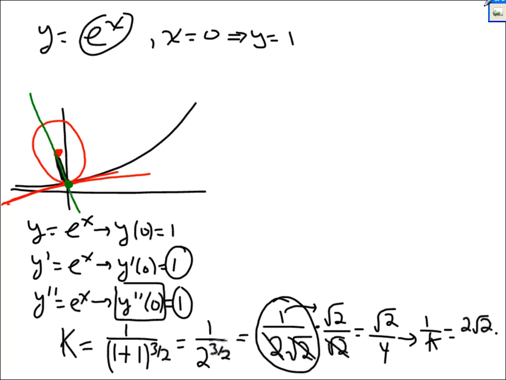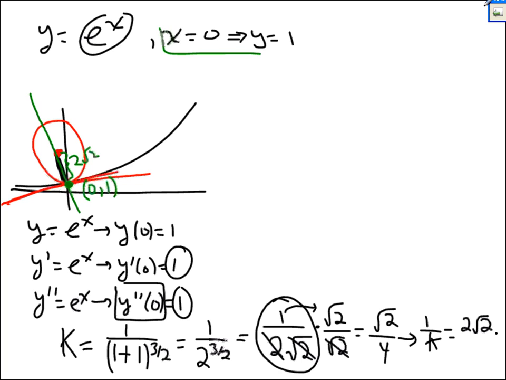Remember, we found the point on top, that point right there is (0, 1). Using that point, I'm going to find the equation of the line, and then find a point on that line whose distance is 2 square root of 2 from that point (0, 1).